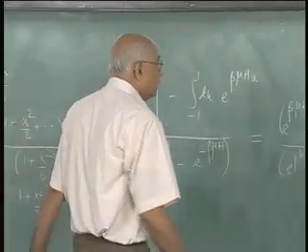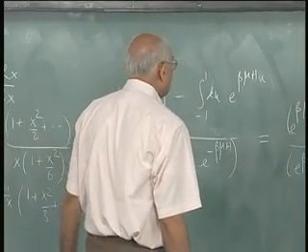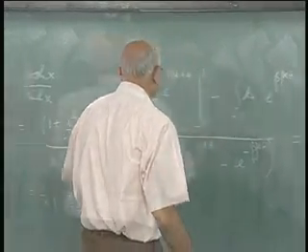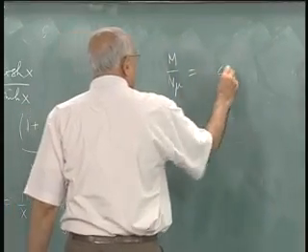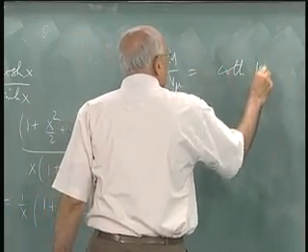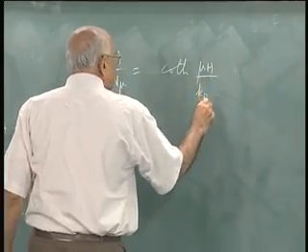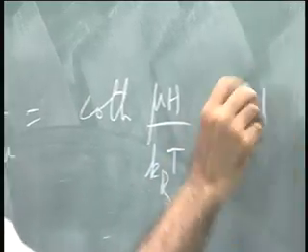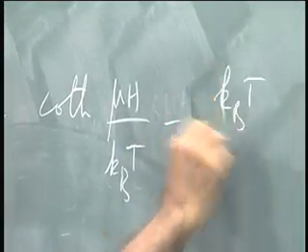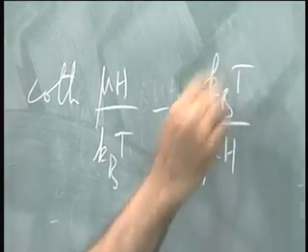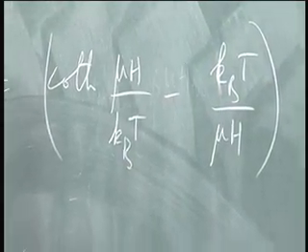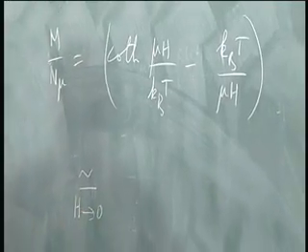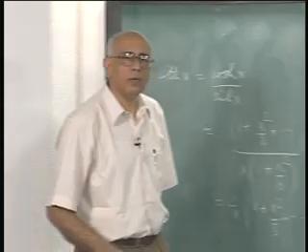Therefore this quantity here, now that we found the magnetization, let's write it down: m over n mu equals coth of mu h over k Boltzmann T minus k Boltzmann T over mu h. This quantity here is the Langevin function. As h goes to 0, what is the leading term?